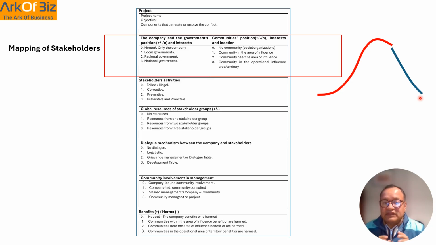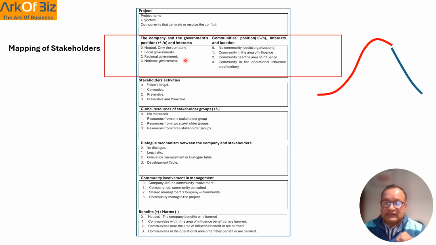Most stakeholders begin to work together looking for solutions and reducing tensions. So mapping stakeholders helps us see who is who in the conflicts, where they stand, and how their role changes as the conflict evolves.